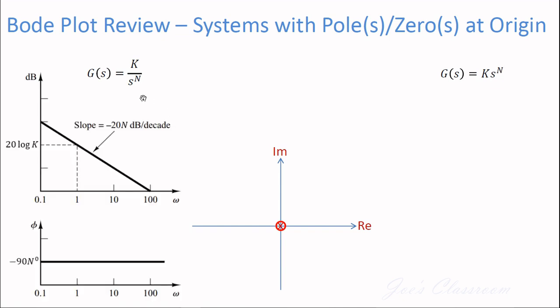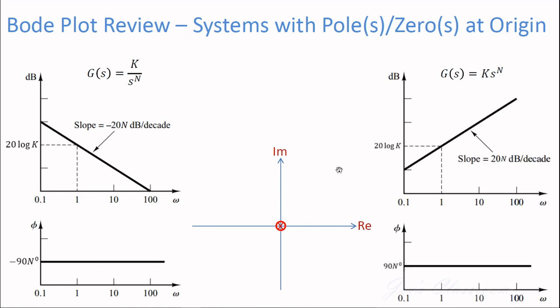If I have G(s) = K / s^n corresponding to the poles at origin, then the Bode magnitude plot and the phase plot are going to look like as given in this diagram. Magnitude plot is going to be a decreasing straight line with a slope of minus 20n decibels per decade, and it will pass through (1, 20 log K). And the phase plot is going to be a horizontal straight line at minus 90n degrees.